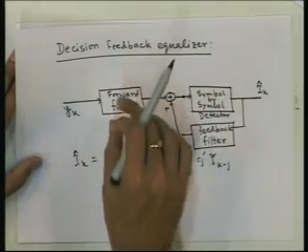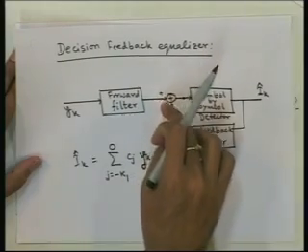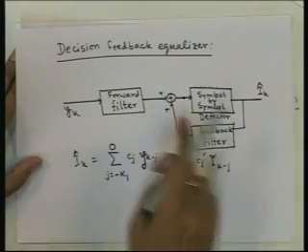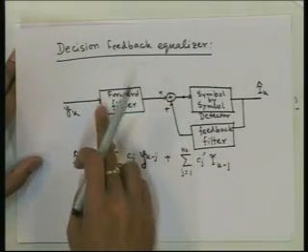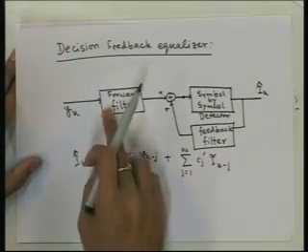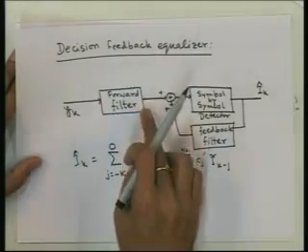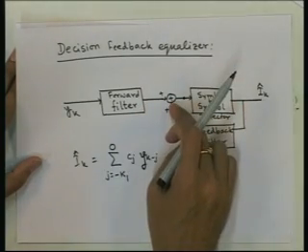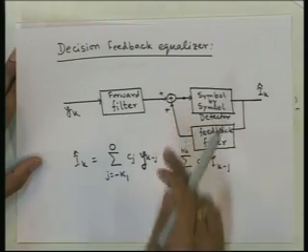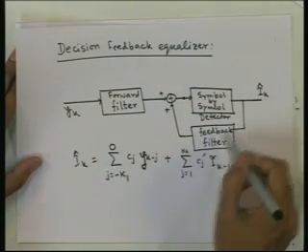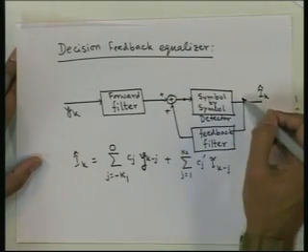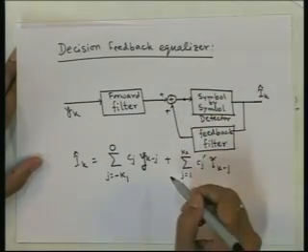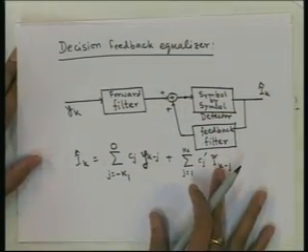So, there is less ISI in the signal, because there is some more cancellation going on even after this. So, we can afford to leave some ISI here, which will be cancelled by this contribution. So, this is the decision feedback. The previous decisions are fed back to the decision process of the future symbols. That is why this filter is called the decision feedback equalizer.